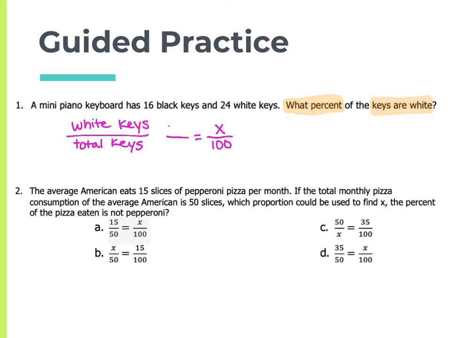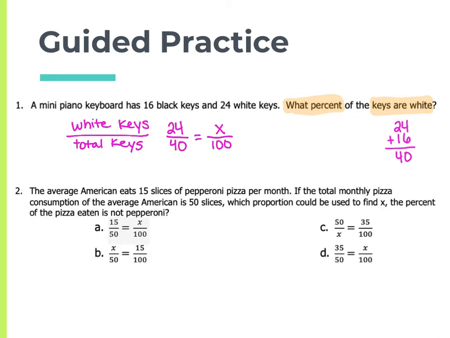We know there are 24 white keys, and then we need to figure out how many total keys there are. So I can add together the 24 white keys and the 16 black keys, and when we do, we get 40 keys. So there are 40 total keys on our piano keyboard.